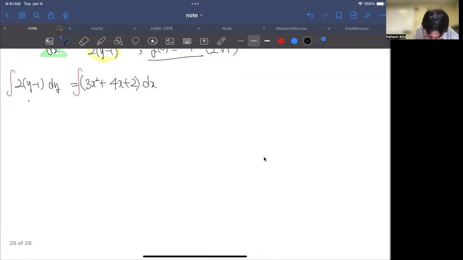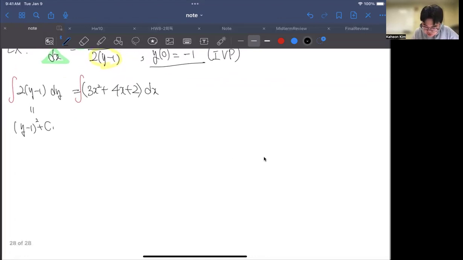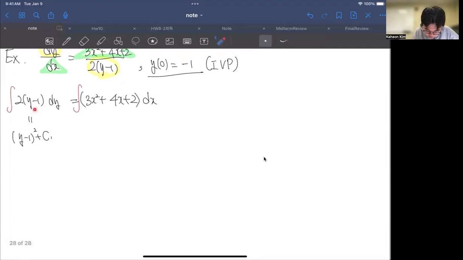And this would be (y - 1) squared plus c1. And instead of integrating each term, I integrated this whole square term for convenience. You may know the reason as I proceed. And the integration of the other side would be x cubed plus 2x squared plus 2x plus c2, right?